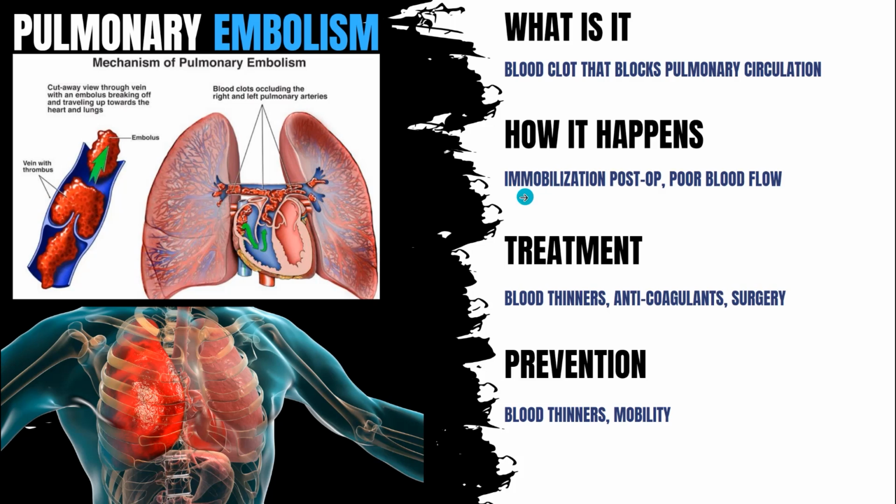This can usually occur because of immobilization after surgery and poor blood flow, and that's why it's so important to start getting movement on top of taking your anticoagulants and blood thinners during your lengthening process. Okay, it has a lot of the same symptoms that fat embolism has, including death if you don't catch it in time. So lots of motion, no smoking, and just keep notifying your surgeon if anything feels off.